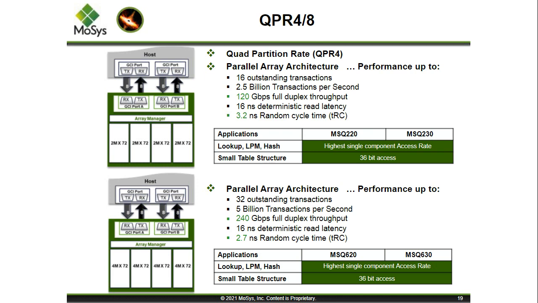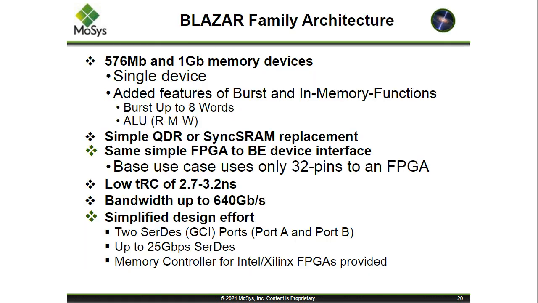The BLAZAR family, what I wanted to point out is that the QUAZAR and BLAZAR families are actually pin compatible with one another. So it would be possible to start with something like a QUAZAR, just a straightforward memory, and then add functionality later. Or you could start with the BLAZAR and even back off to the QUAZAR.